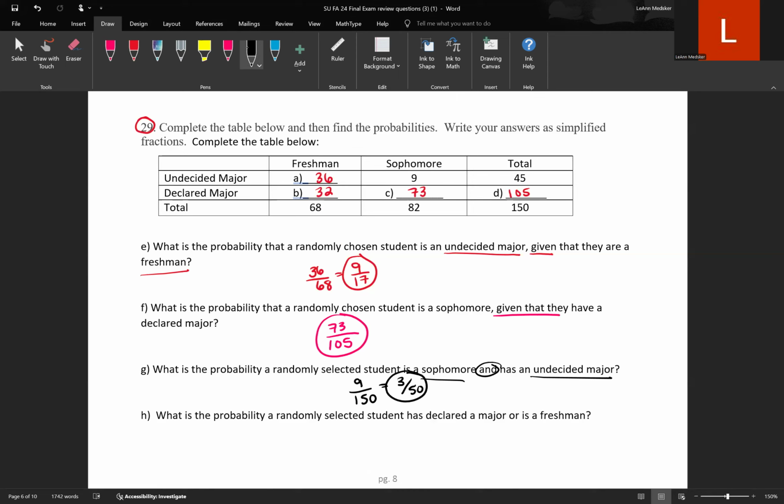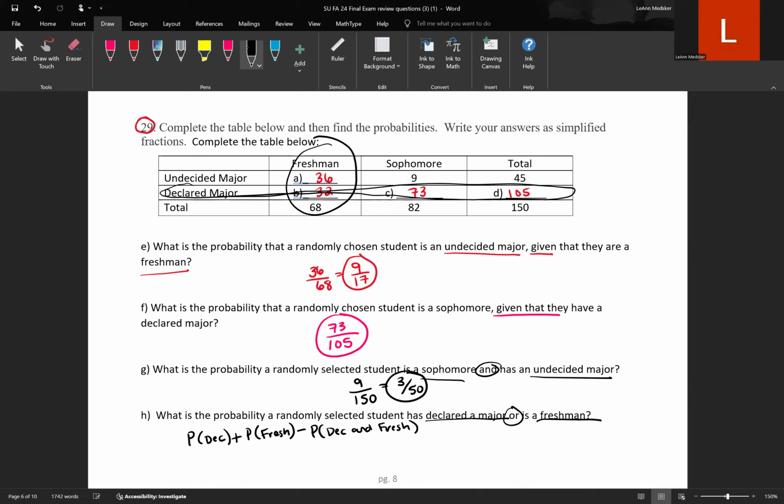And then what is the probability that someone has a declared major or is a freshman? So remember, or means you have to add and subtract any overlap. So probability of declared plus probability of freshman minus the probability that someone was declared and a freshman. So if you think about circling those rows and columns, so we have the declared, there was 105 of them.